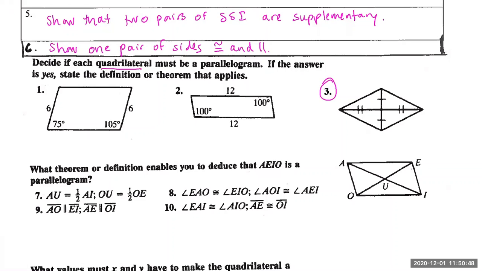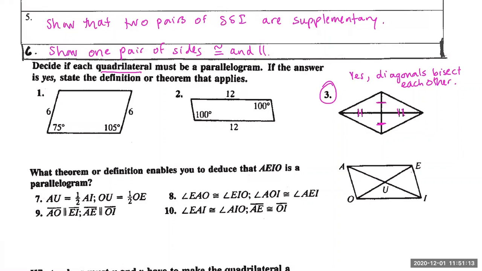Some people all they did was write 3 words, which is correct. If you look, the diagonal segments are marked congruent to each other. So yes, this is the reason above for diagonals bisect each other. Something short and concise like that. Perfect, thank you for responding in the chat.